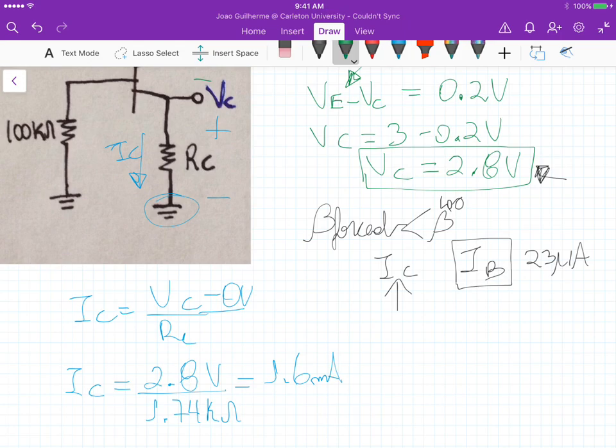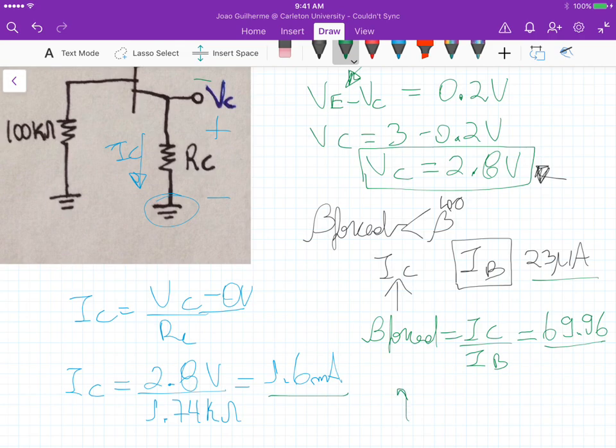If we calculate beta forced, it is just the ratio of the collector current to the base current. And with IC equal to 1.6 milliamps and IB equal to 23 microamps, it gives us a beta forced of 69.96, which is indeed, let's approximate it by 70, less than 100.